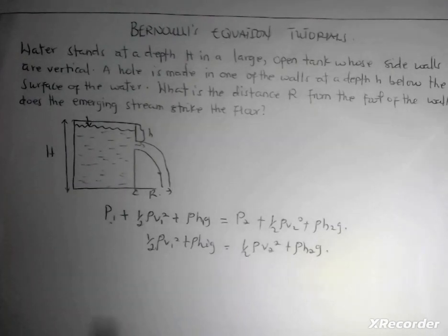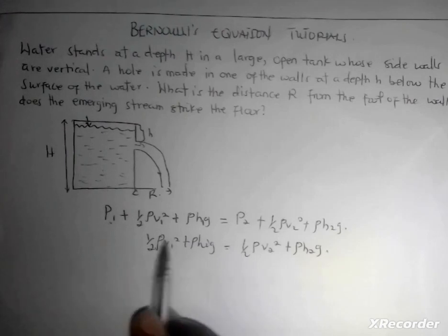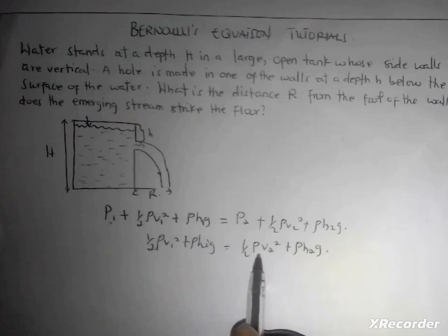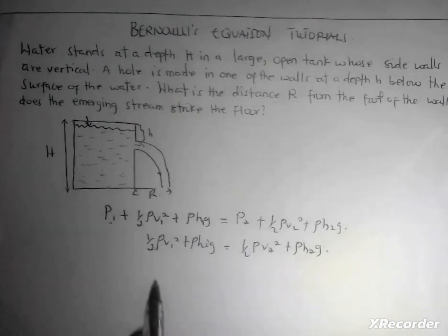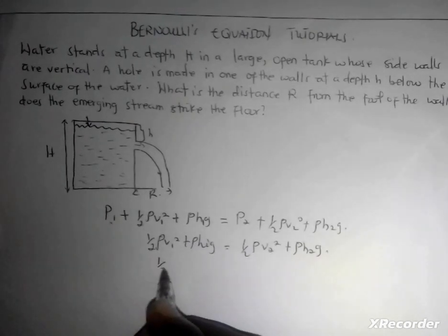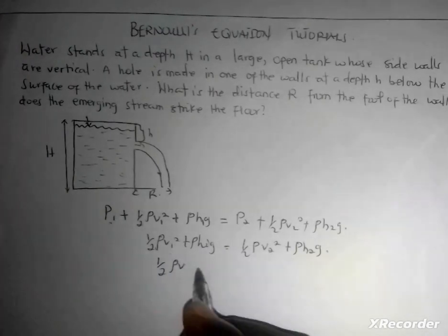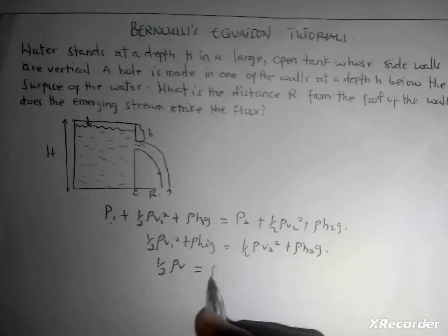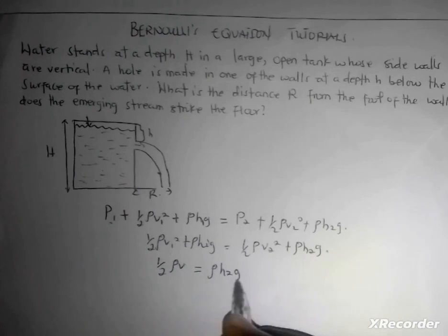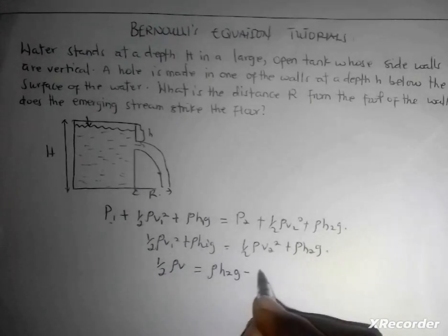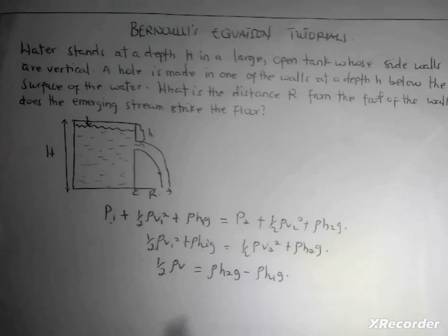So you just take one to be 0. So I'm going to take only one V, and I'll do away with the other V. So I'm going to have half rho V squared, then this should give me my rho H2 g. Then I bring this part here, rho H1 g.